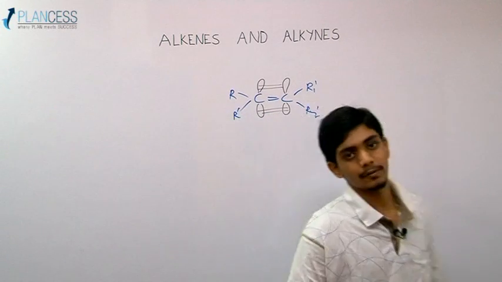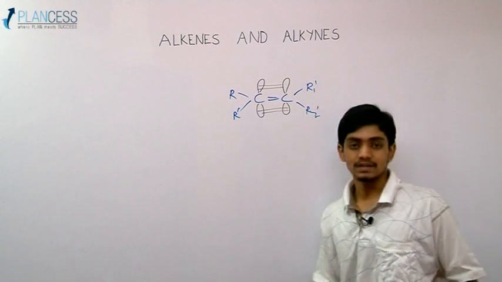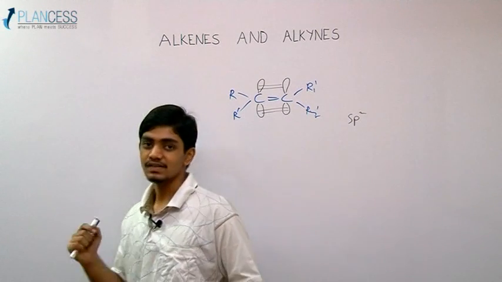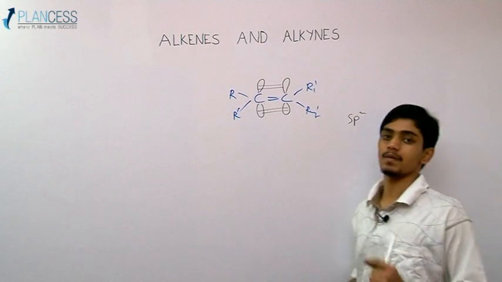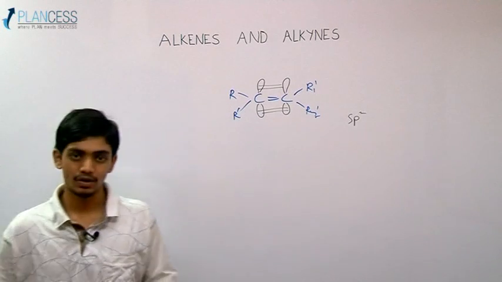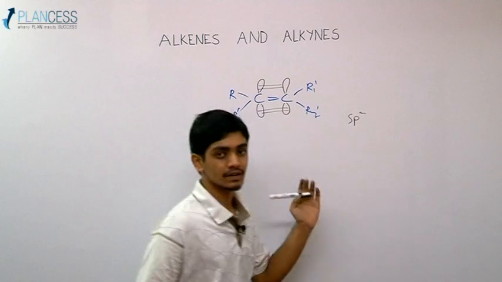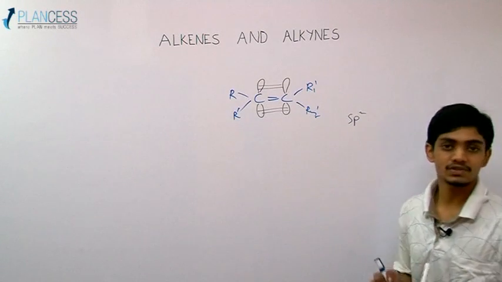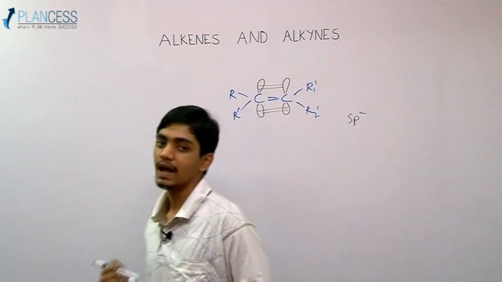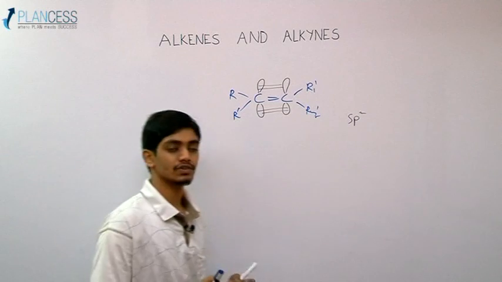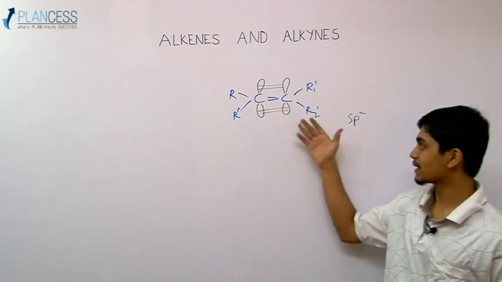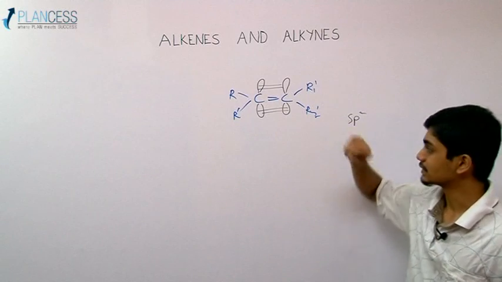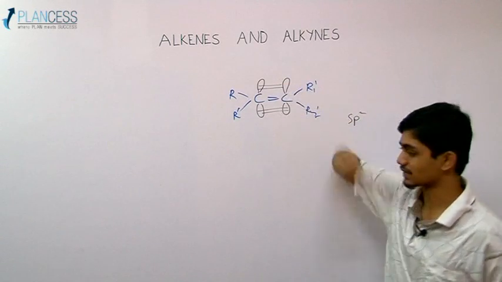So the physical properties are quite the same, but in the chemical properties, there is a huge difference between alkanes and alkenes. Because of this pi bond density, these alkenes are very much reactive as compared to alkanes, and they undergo a reaction called electrophilic addition reactions, in which this pi bond, as we know, is not as strong as a sigma bond.